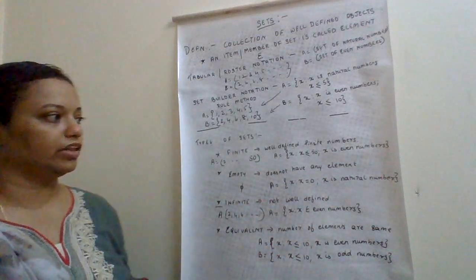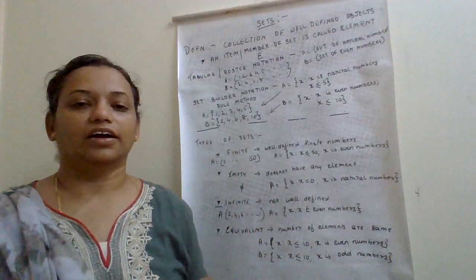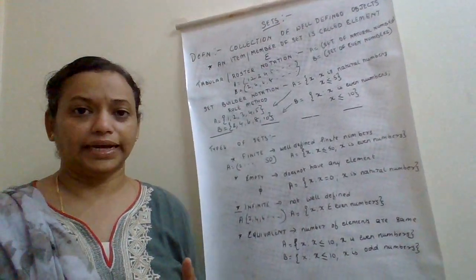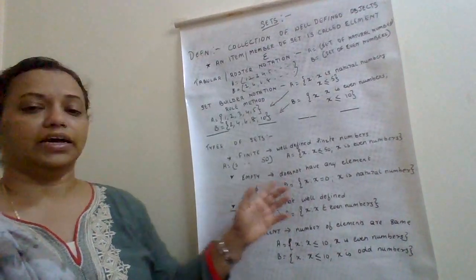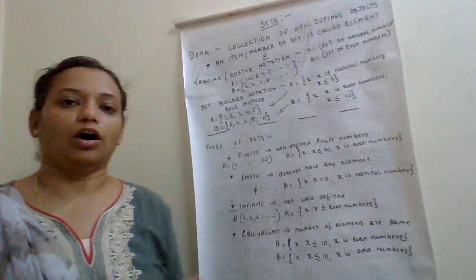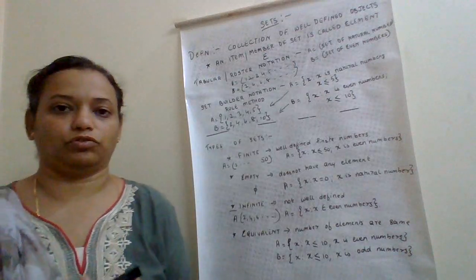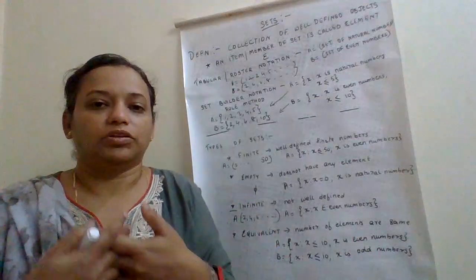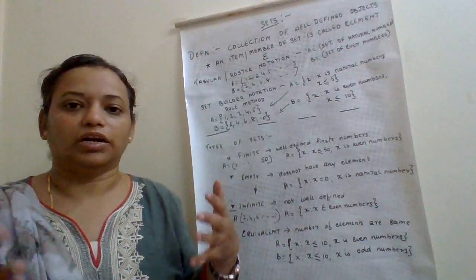Or if they say X is such that it is even numbers from 2 to 10, but X is an odd number. So how can you mix those two? They are two different things. You cannot get odd numbers and even numbers together. They are totally different.